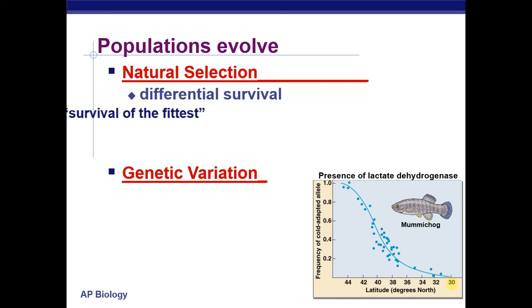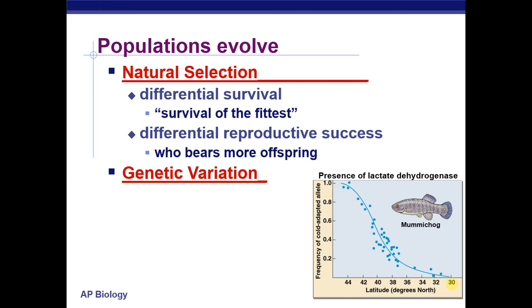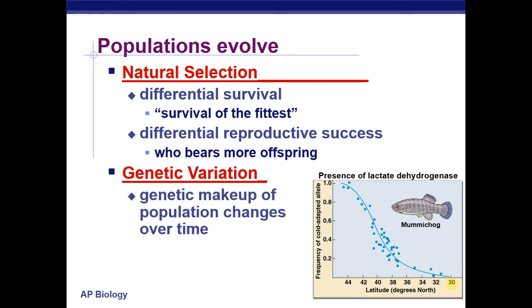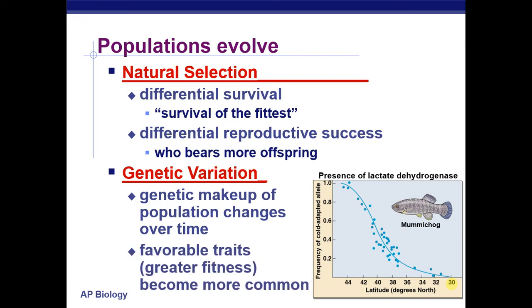Like we talked about, organisms that have traits that are better suited to deal with and to survive in their environment will be able to have more offspring and pass those traits on more successfully than organisms that do not. And then genetic variation, that the gene makeup of a population changes over time and favorable traits become more common.